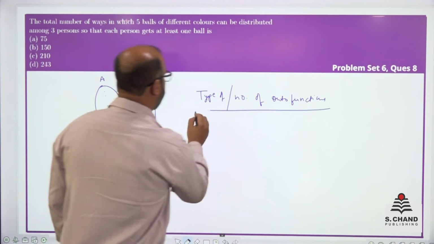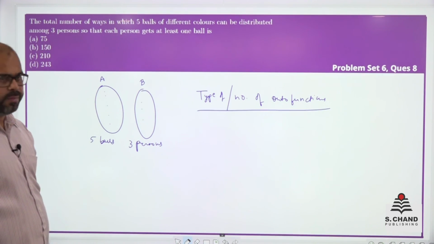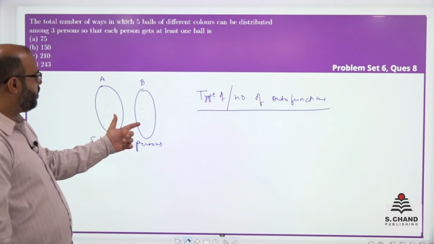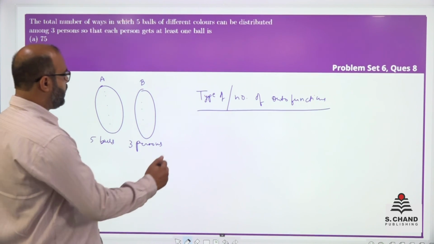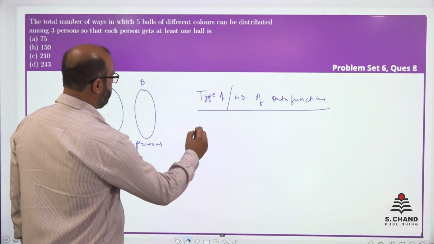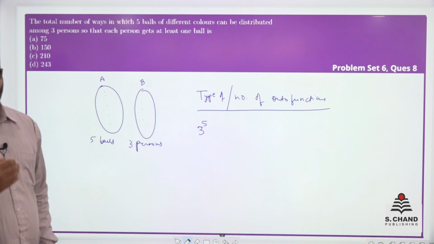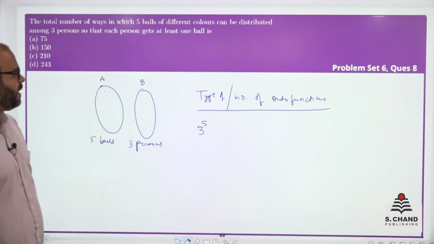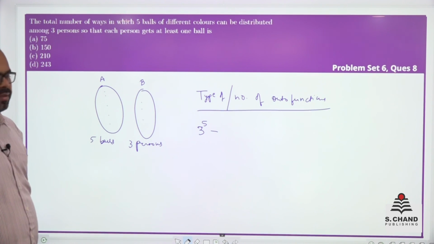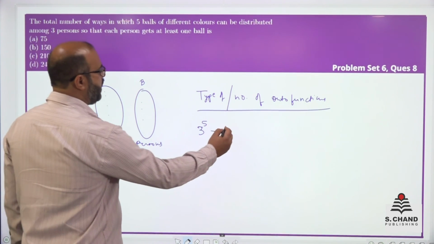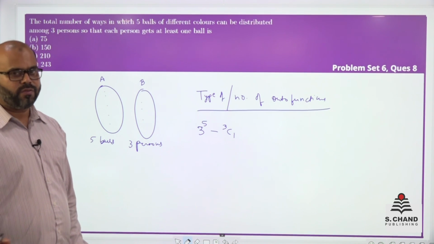How do we calculate this? If you remember, first of all, allot these 5 balls to any one of them. The first one can be given to any of 3, the second can be given to any of 3. So in that case, 3 to the power 5 ways are there, 3 into 3 into 3 into 3 into 3. Minus, if suppose one is not allotted anything. So in 3C1 ways, that particular person is selected who is not allotted any of the balls.